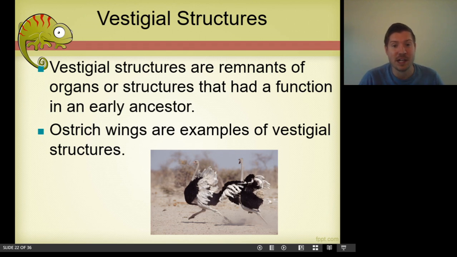Ostriches cannot fly. They have wings because they evolved from an ancestor that had wings and used them to fly. And over time, as the ostrich's body changed, the wings don't just disappear, and they still can serve some purpose, like with balance and fighting off predators, but they certainly don't serve their original purpose of flight.